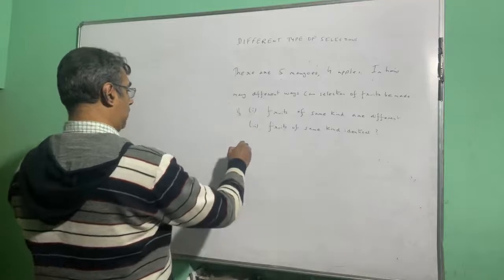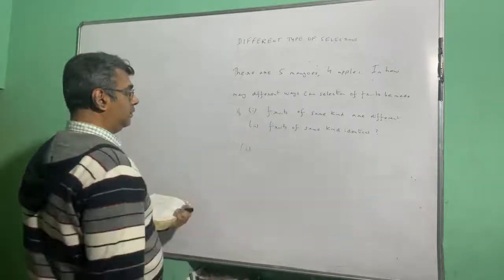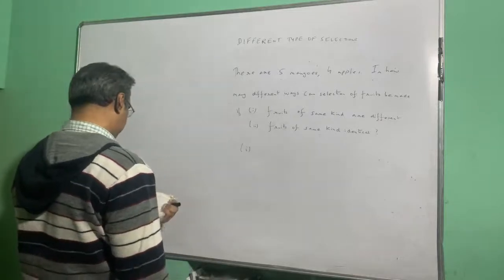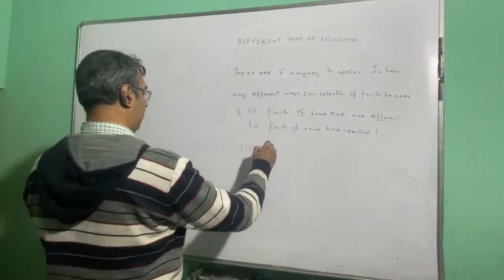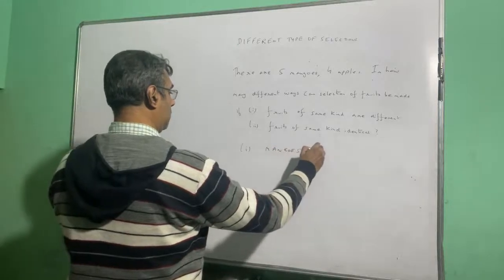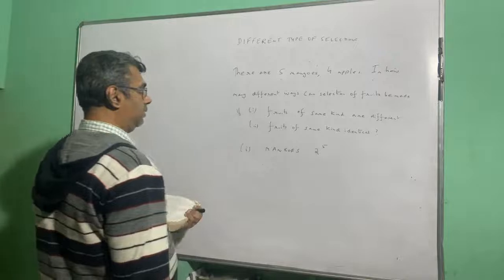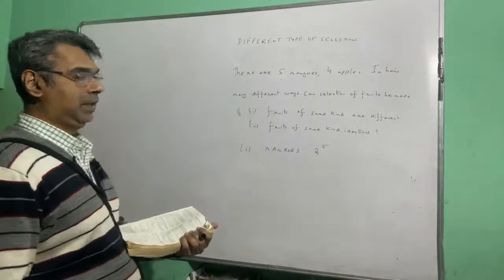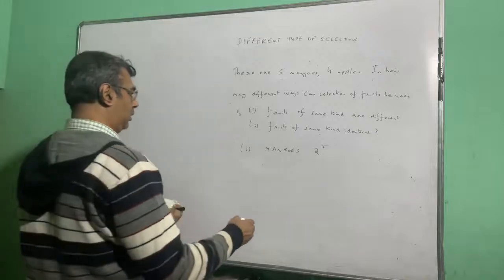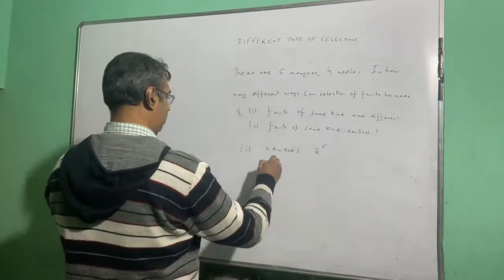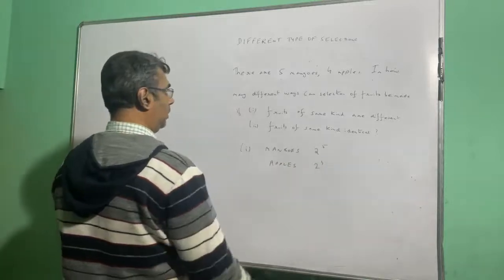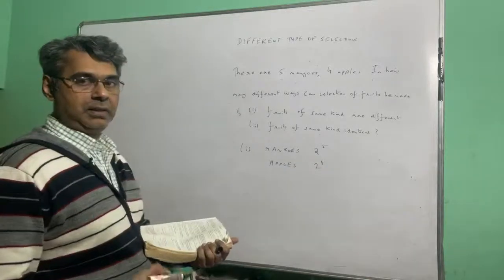So the first part, if the fruits are different, then you will have to say that for mangoes it will be 2 to the power 5 because each mango you can either select it or reject it. So 2 into 2 into 2, 5 times, so 2 to the power 5. And for apples it will be 2 to the power 4 because each apple you can either select it or reject it.